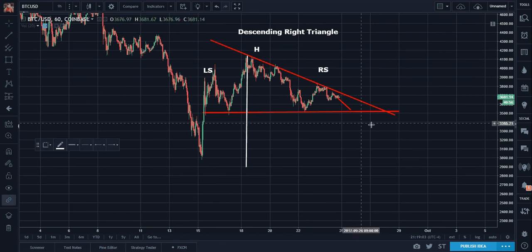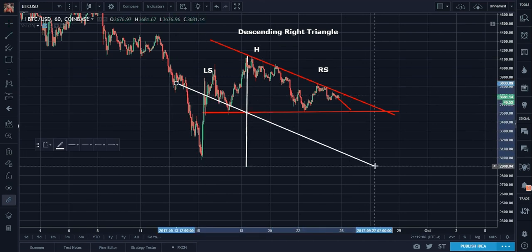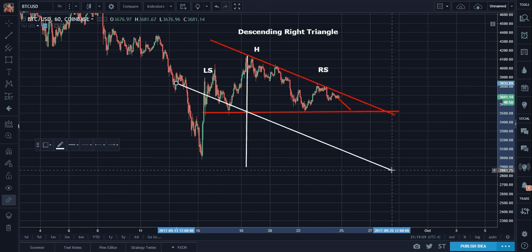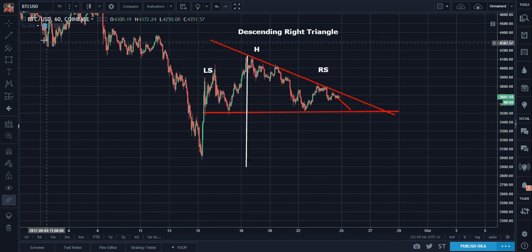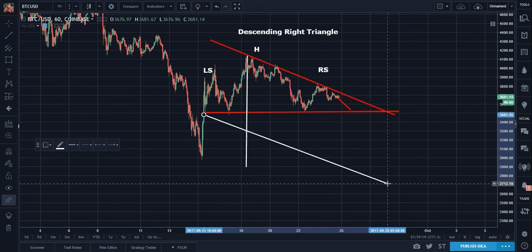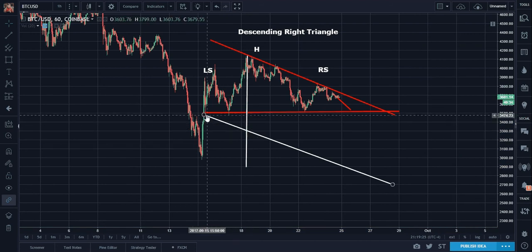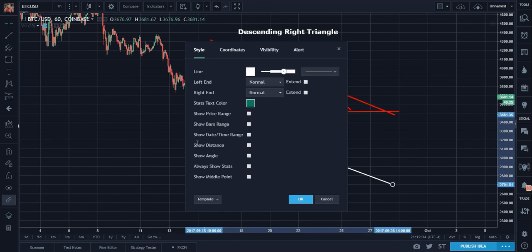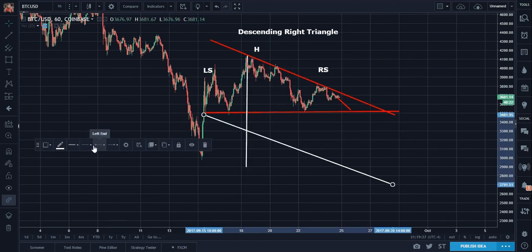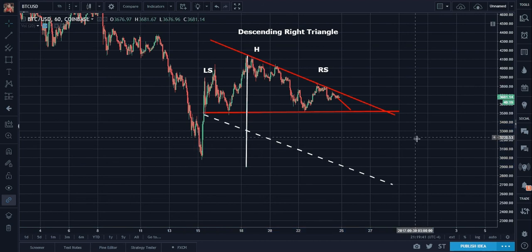So I'm going to draw, starting from the origin of the horizontal, I draw a parallel line, and this parallel line where it meets the apex.